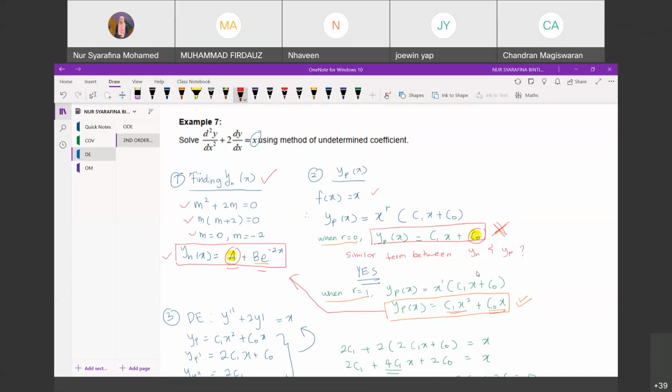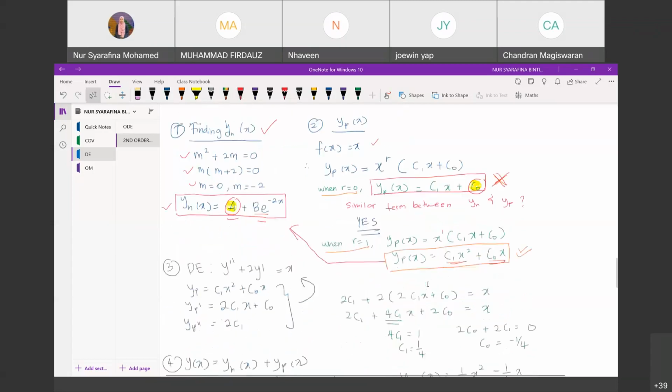What you need to do is to match this YP to the differential equation. Your differential equation given is y double prime plus 2y prime equals x. Match with this, you have your YP. You should have your YP prime and YP double prime, substitute here and compare to get the values of constants C0 and C1.